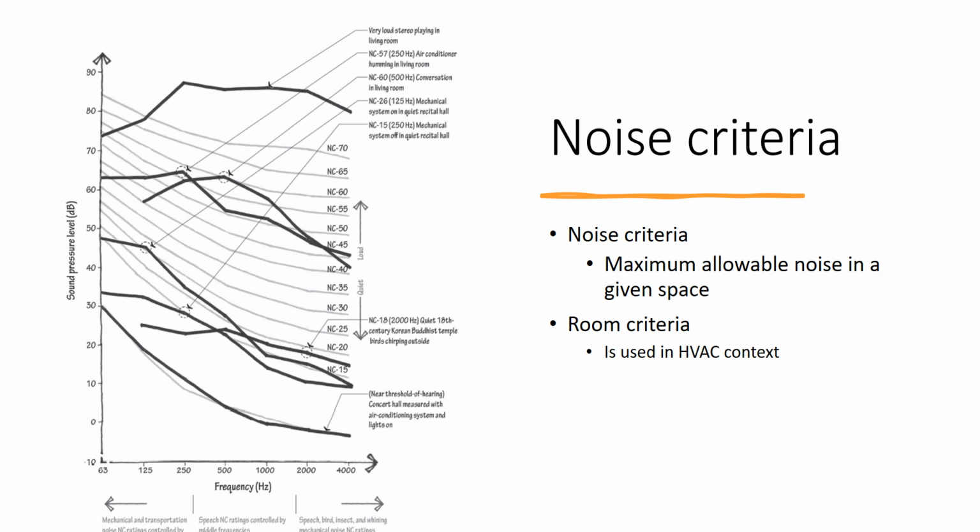And with this noise criteria, for example offices might have a noise criteria of 40, which means that we should try to reduce the noise level below that level. We have to try to maintain it. So noise criteria: though we have multiple spectrums of sounds, we try to push them down to a particular noise criteria level.